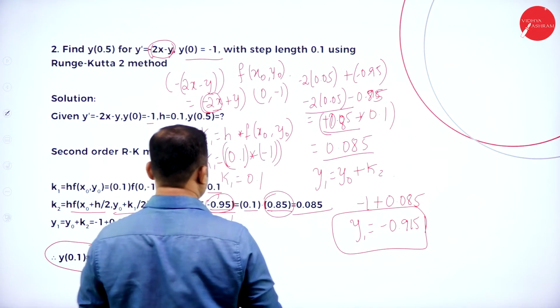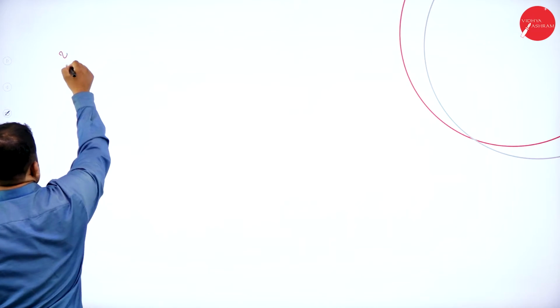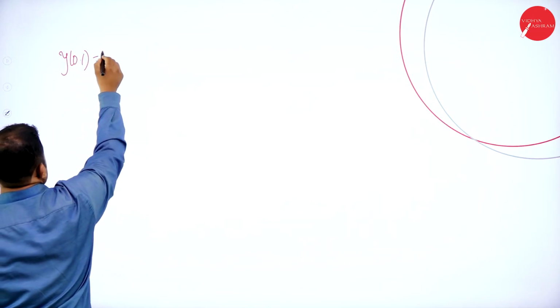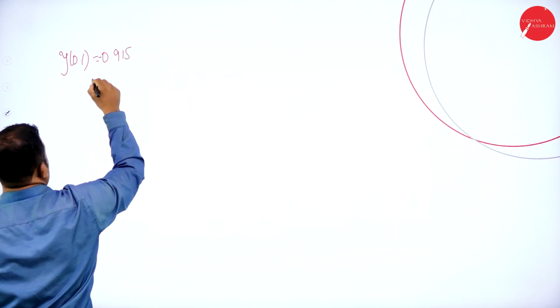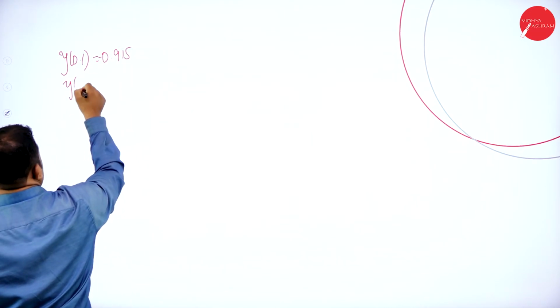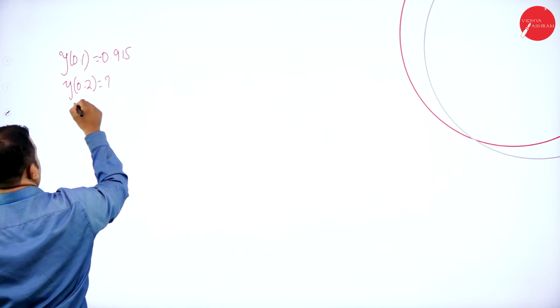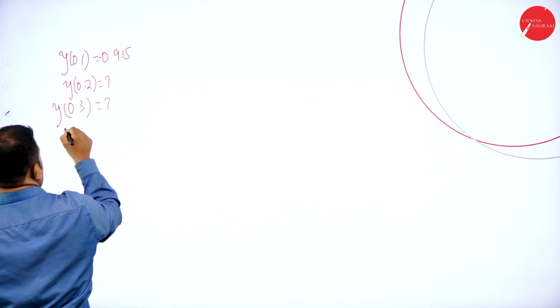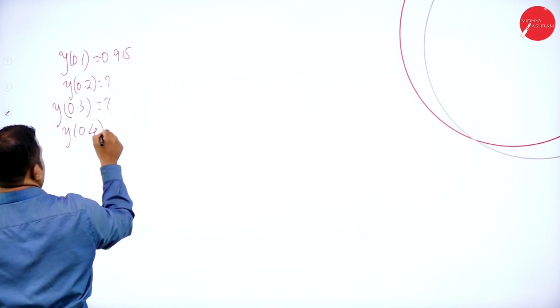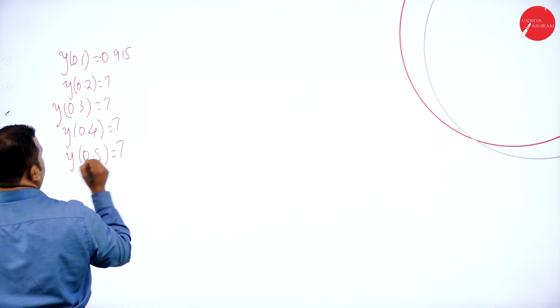So if that is the case, let me find out the value of y2 now. y of 0.1 is equal to minus 0.915. What is the value of y2? y2 is y of 0.2 is equal to what? We have to find out y of 0.3, y of 0.4, y of 0.5, all these things.